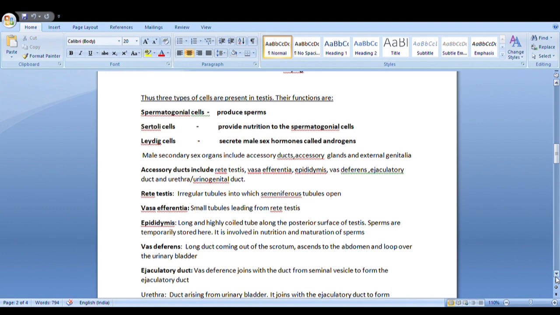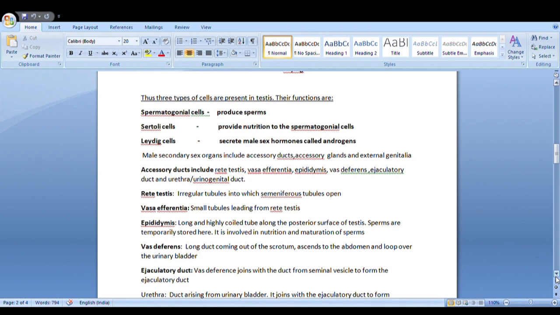Rete testis are irregular tubules into which seminiferous tubules open. Vasa efferentia are small tubules leading from rete testis. Epididymis is a long and highly coiled tube along the posterior surface of testis. Sperms are temporarily stored here. It is involved in nutrition and maturation of sperms.